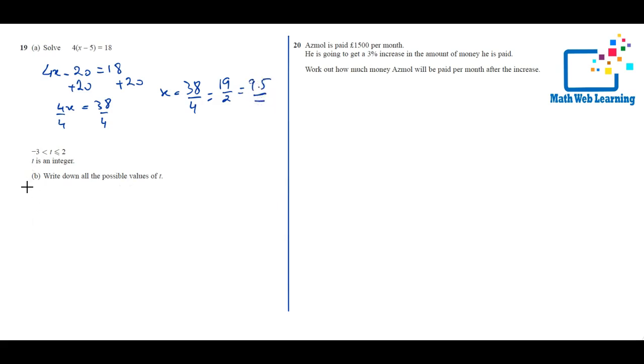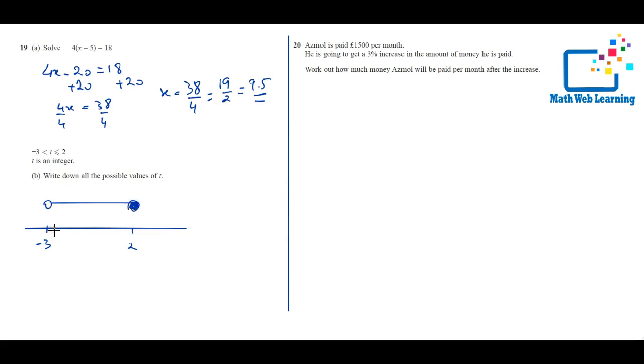Right? Question B is inequality. We have t between all these. You could do it on a number line if you want to, if it helps you. So mark your numbers minus 3 and 2. You don't have to do this really. Now, minus 3 is not part of the solution, but 2 is, so we need to shade it in.